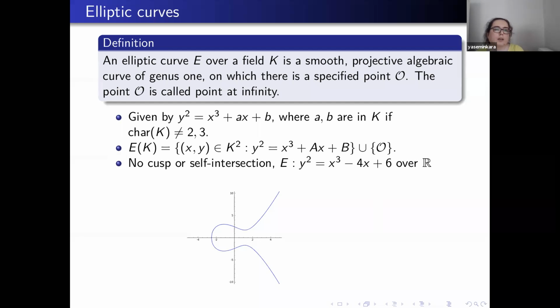So what is an elliptic curve? An elliptic curve E over a field K is a smooth projective algebraic curve of genus 1, on which there is a specified point, and this point is called the point at infinity.